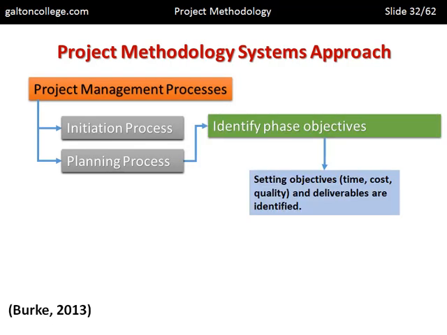So here it's necessary to identify phase objectives, looking at time, cost, the quality that's required, and looking at what's required as deliverables. What are the outputs from the various subsections, and how can they be slotted in to the existing requirements or demands that are placed on those subsections.